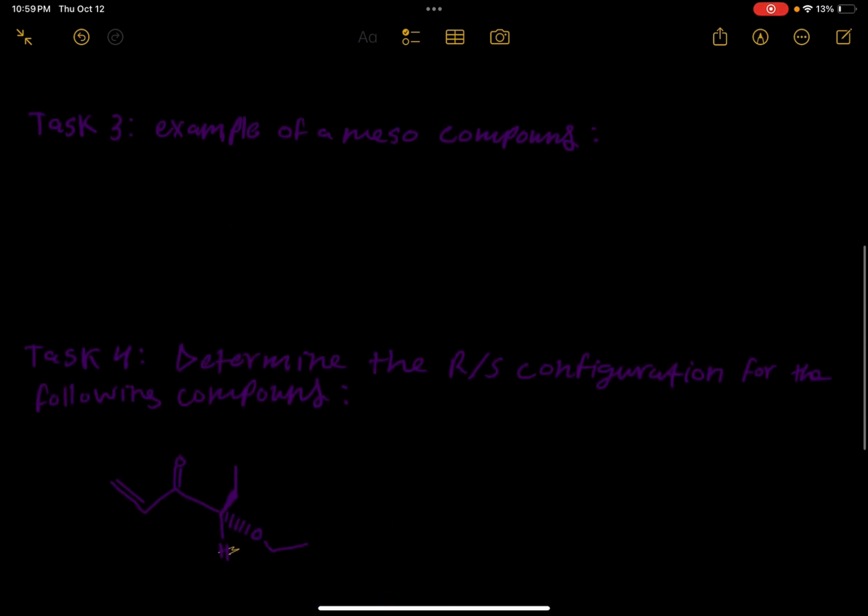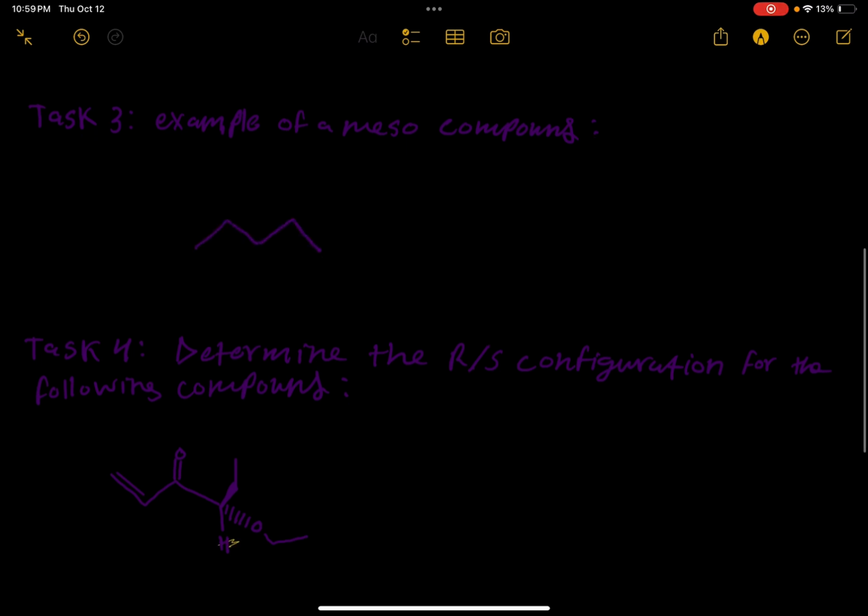For the third task, we're going to be drawing a meso compound. Meso compounds are identical, and they are achiral and superimposable.